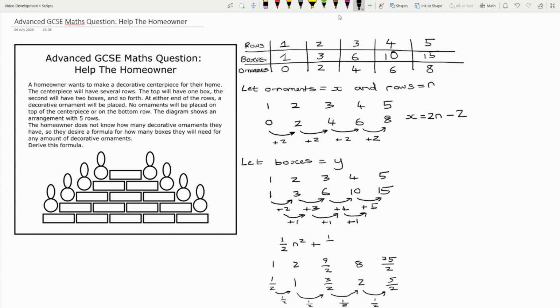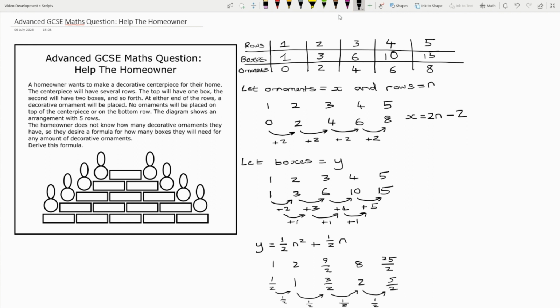So that's half n. And that means the number of boxes, y, is equal to half n squared plus a half n. So you can actually try enter some of these values of n, which remember is our number of rows, into the equation, and you should find that you get the correct number of boxes for that number of rows.